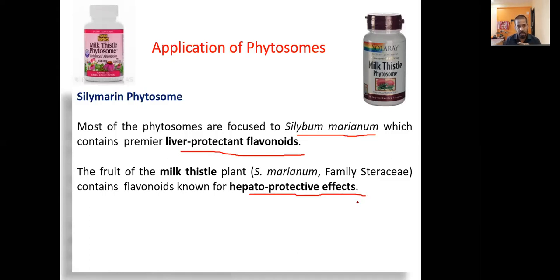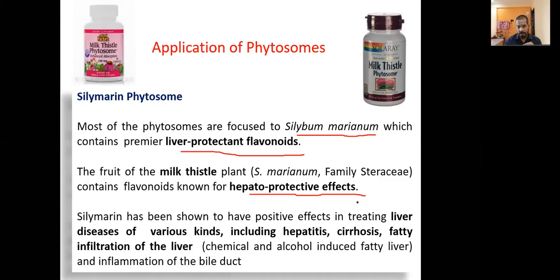So it is a popular and very widely used type of phytosome, having hepatoprotective effect. And silymarin has shown positive effects in treating liver diseases of various kinds, including hepatitis, cirrhosis, and fatty infiltration of the liver. Okay, so that is about the silymarin phytosome.